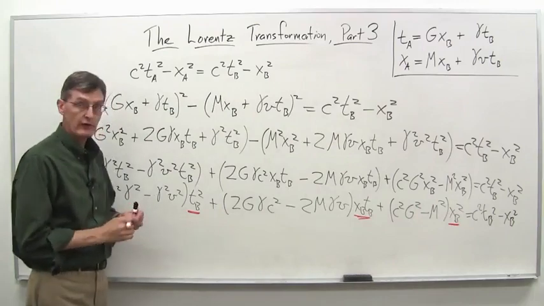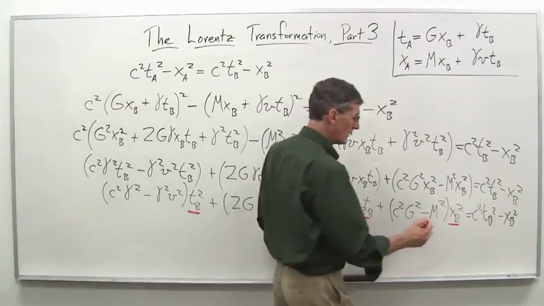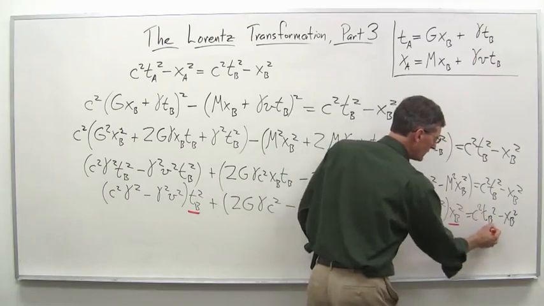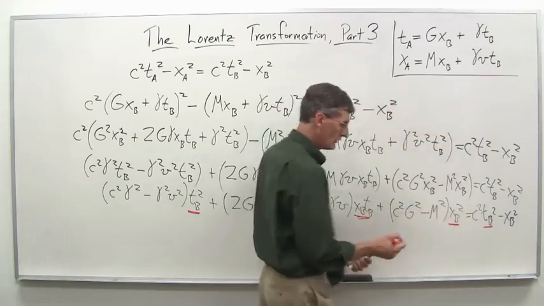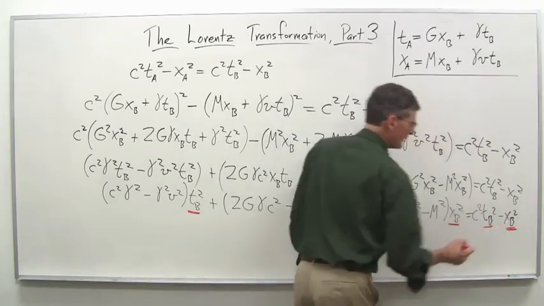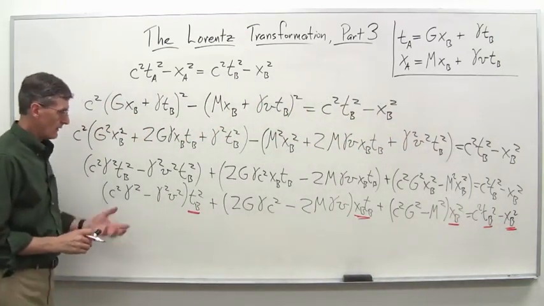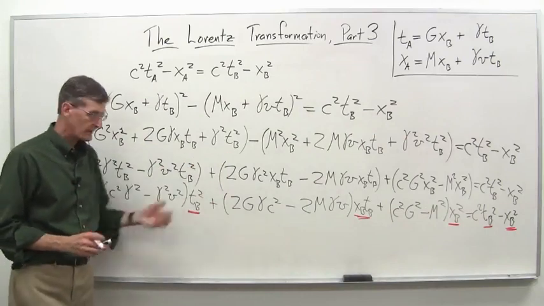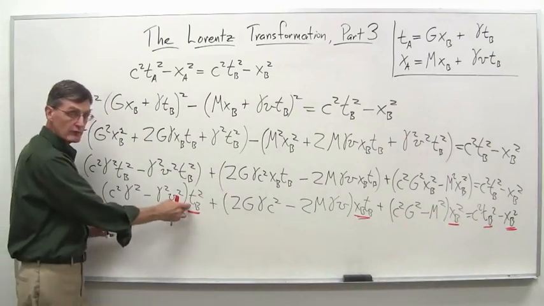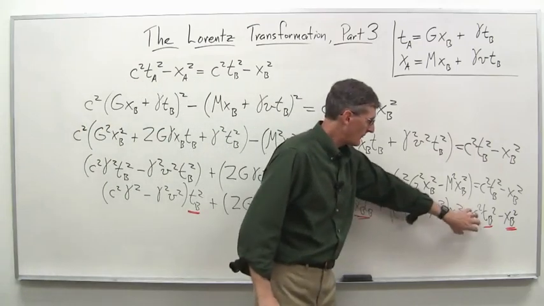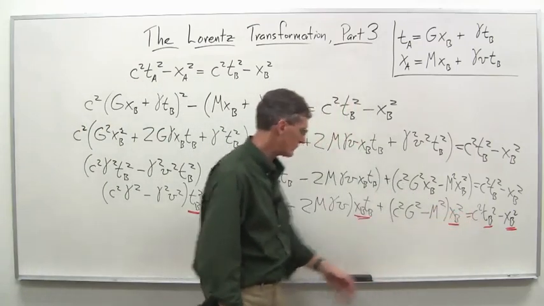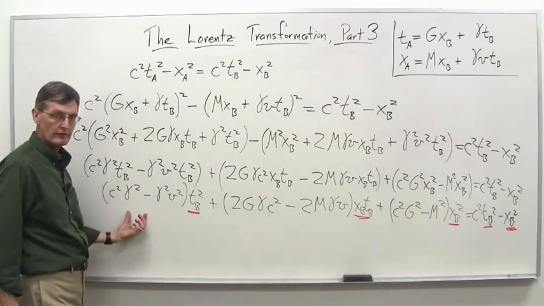And then on the other side of our equal sign, we've got a c squared tb squared, and then plus really a negative 1 times xb squared, or just minus xb squared there. When you have something of a form like this, if you've got something times tb squared here, and over here you have a tb squared, whatever's in front of this tb squared term has to equal this over here.